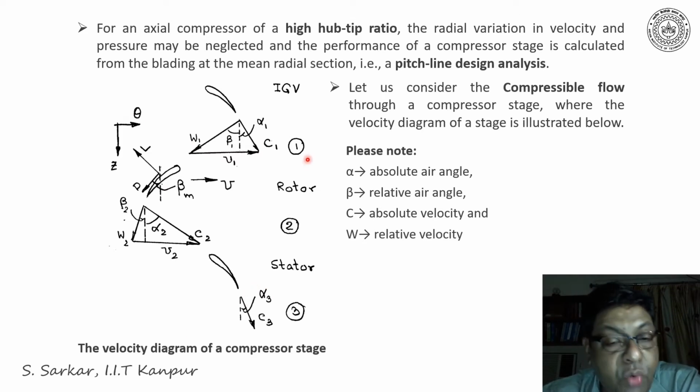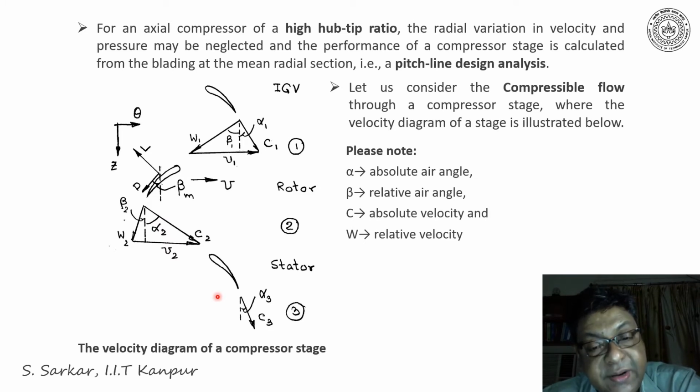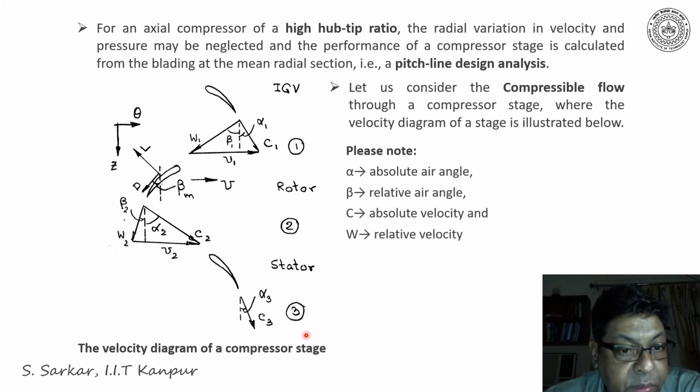Thereby, station 1 represents the exit from the IGV and inlet to the rotor, and station 2 indicates the exit from the rotor and inlet to the following stator, and station 3 indicates the exit from the stator.